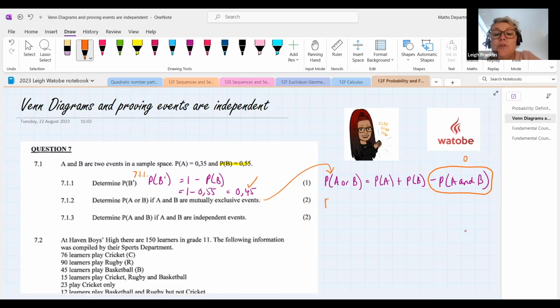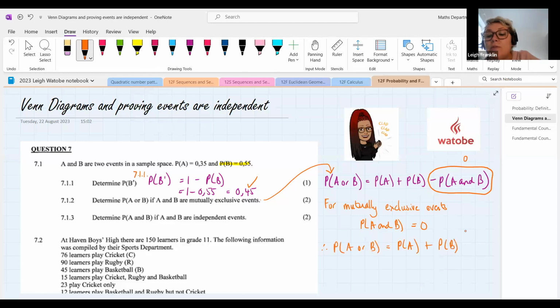Okay, so lovely. Well done. So for mutually exclusive events, we could say that the probability of A and B equals 0. So therefore, the probability of A or B is simply going to be the probability of A plus the probability of B. And we have both of those. That's given to us.